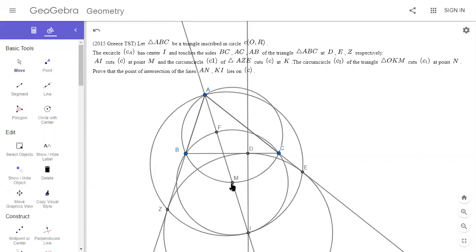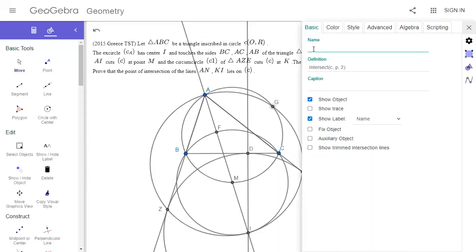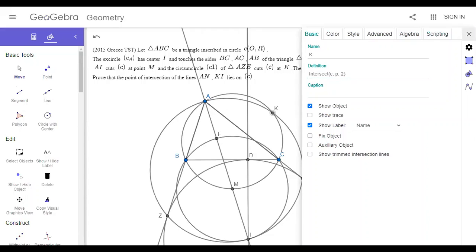So AI cuts ABC at M, and AI cuts. Oh, the circle with diameter AI, AZE and ABC. Okay, so this is K, I guess. Oh, no, I'm just getting all confused. My bad. So this is K, this intersection point.